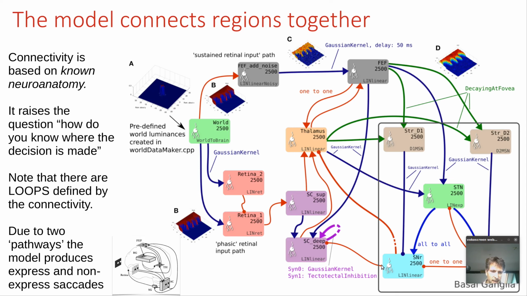So here's the inhibitory connection from the substantia nigra, the substantia nigra reticulata, that's projecting into the deeper layers of the superior colliculus. And the arrowheads are excitatory connections.